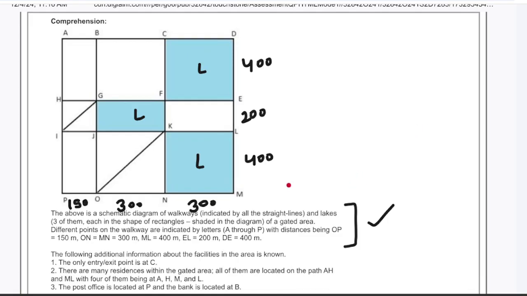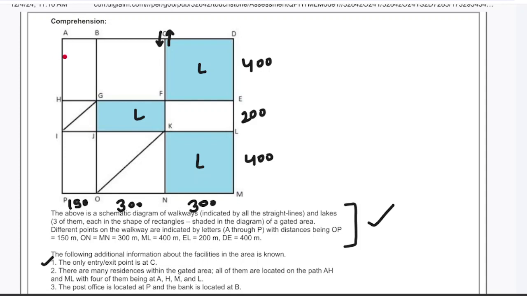The only entry and exit point is C. That means this is the entry point and this is the exit point. From no other point can one enter or exit. There are many residences within the gated area. All of them are located on the paths AH and ML.